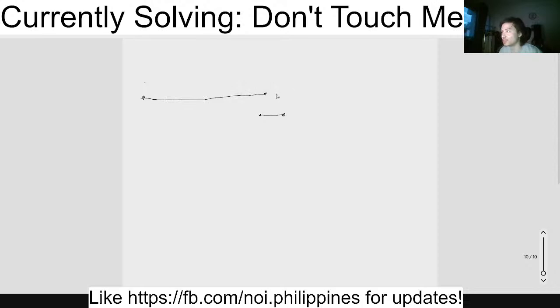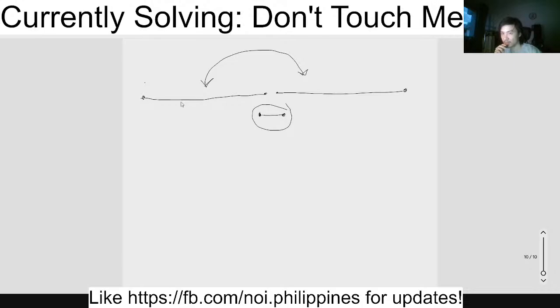I just have 3 intervals like this. Well, if I prioritize the shortest one, I'm going to take this guy. Right? But that's not the optimal solution. The optimal solution is to take these 2 guys, even though they're longer. Okay?